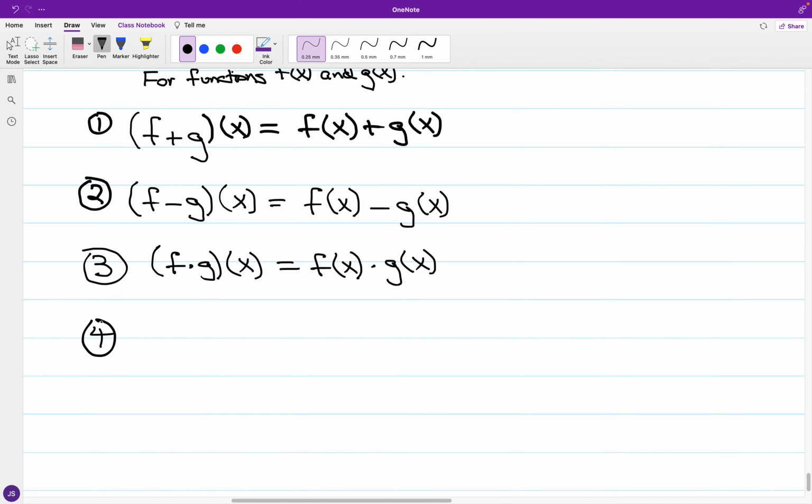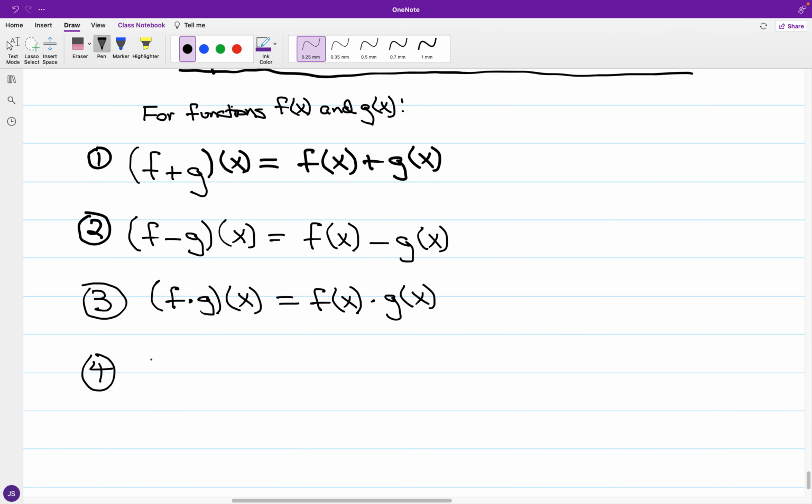And then with the quotient function, we have f over g of x. So this comes down to f of x over g of x. All right, now just as a case for operations between functions.